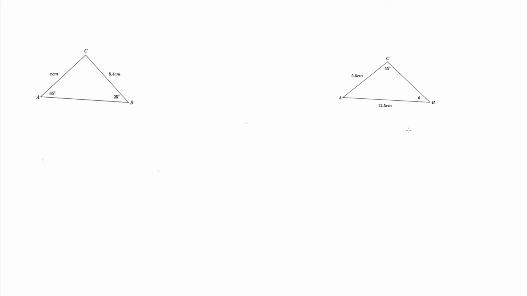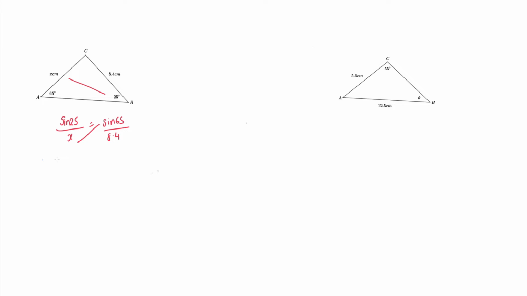Right, so for the first one, we're going to use a sine rule. It doesn't matter which order, but let's just do it the way we've done it. So sine 25 divided by the opposite length, which is x, equals to sine 65 over the opposite length, which is 8.4.